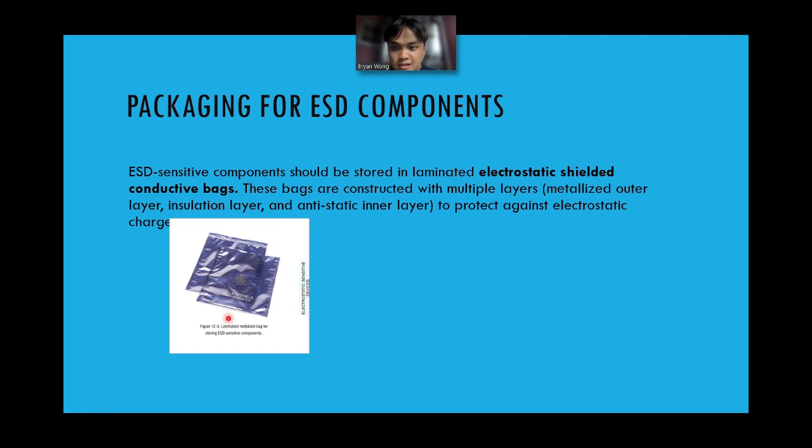Based on this diagram, this is an example of a laminated metallized bag for storing ESD sensitive components. This is how we store components, to prevent static from damaging them.